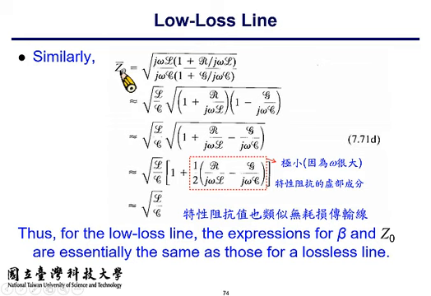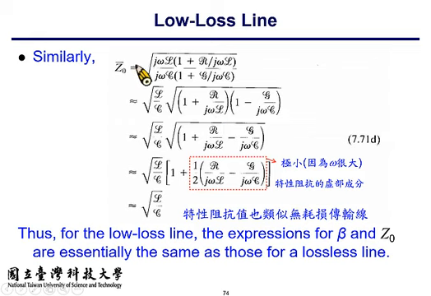Here we have the expression for the characteristic impedance. Originally, this is a relatively complicated expression because R and G are all taken into account. However, using the same approximation technique presented in the previous slide, the second term is relatively small, so the numerator becomes 1 minus G over j omega C, and the denominator term remains here.